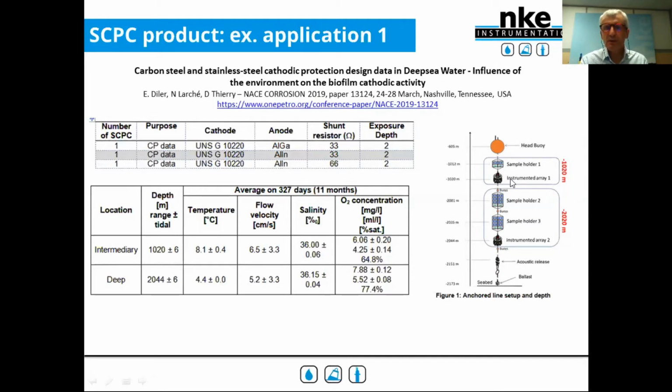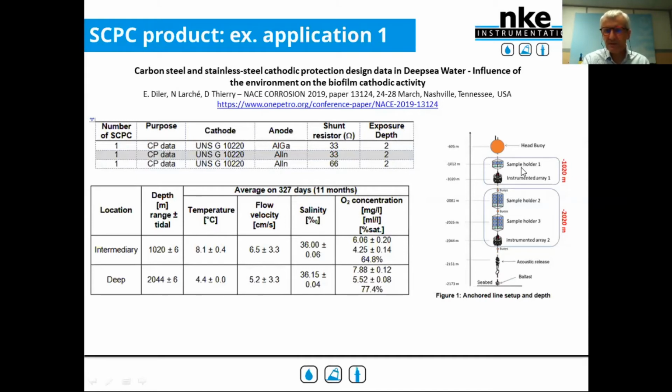The environmental parameters were also recorded during all the campaign. So these environmental parameters are mainly the depth, temperature, flow velocity, salinity, and dissolved oxygen. Here you can see the mean value during the campaign.